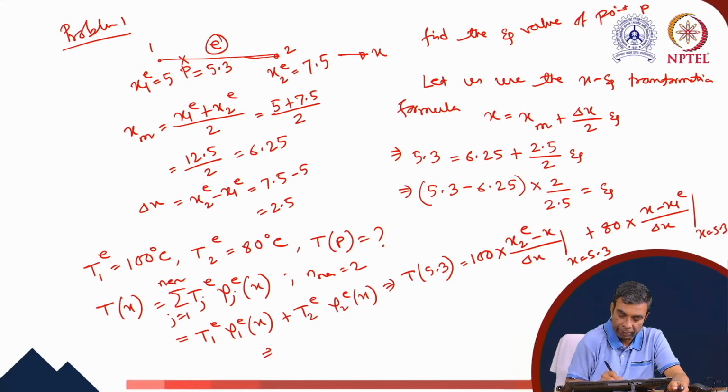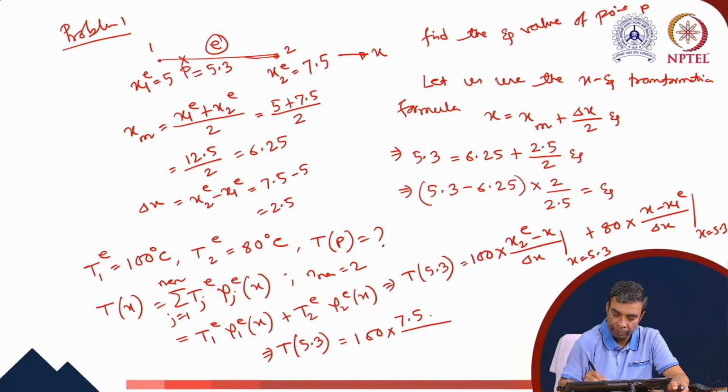So T at 5.3 equals 100 into (x2e is 7.5 minus 5.3), our delta x is 2.5.